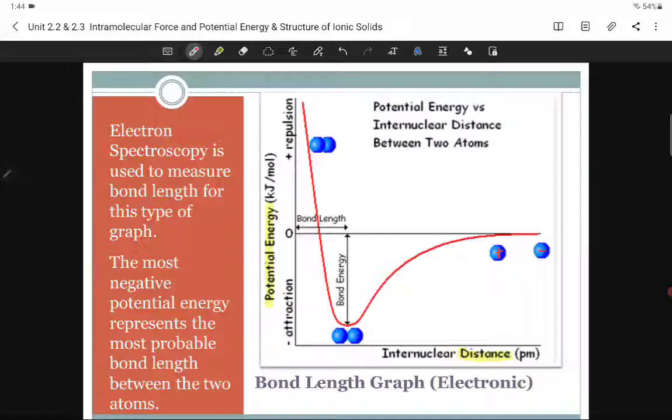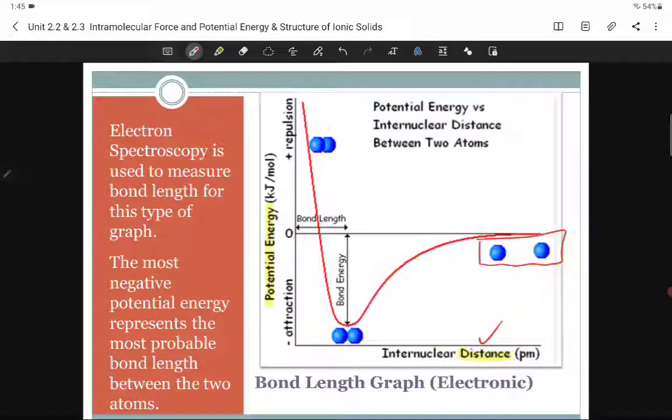Let's just think about if you had some sort of thing that was too far away from each other. No matter how much they would like to attract, they can't attract. So if the distance is too far apart, they just don't have the ability to attract. So no bond is going to form because they're just too far apart from each other.